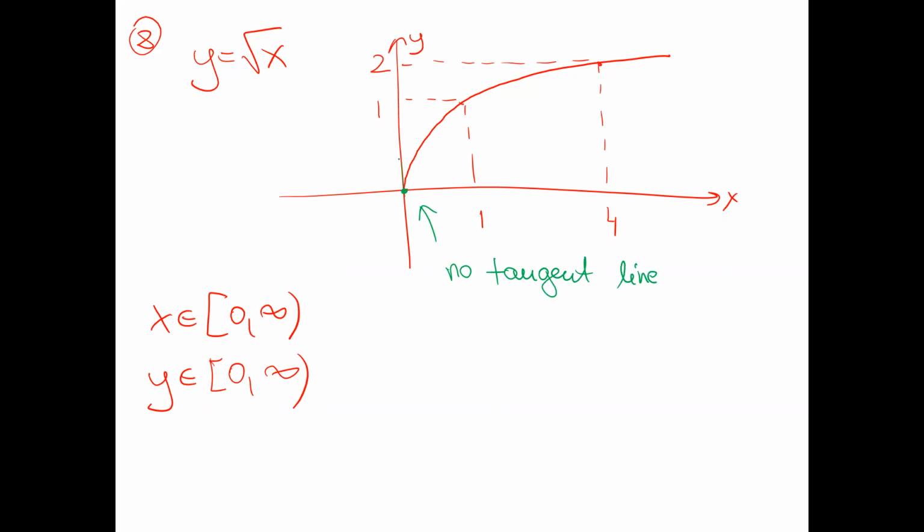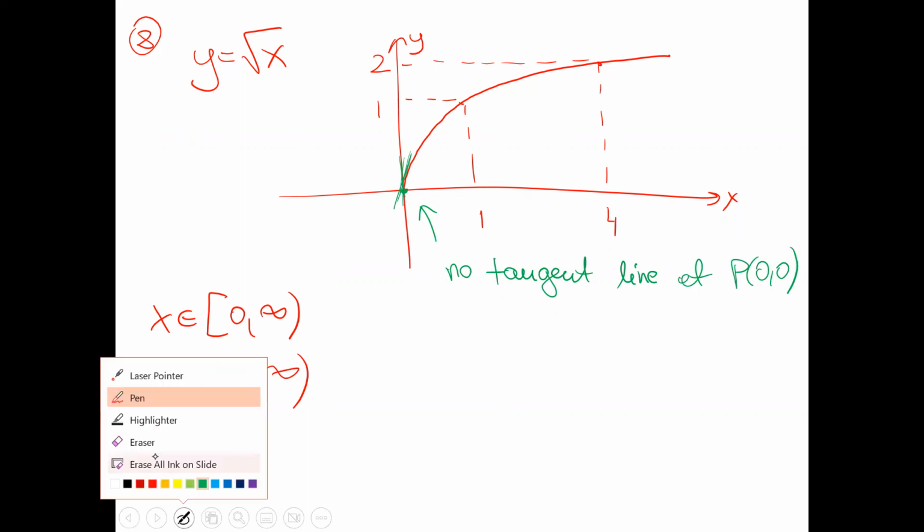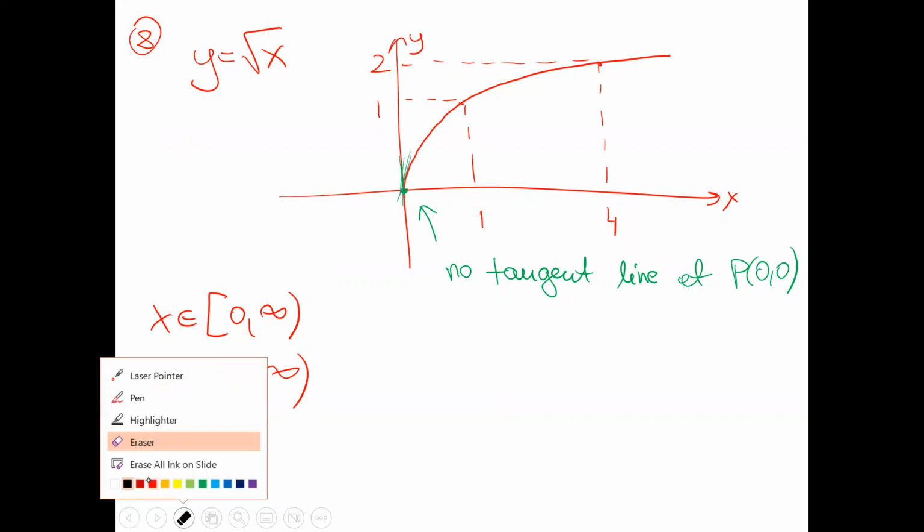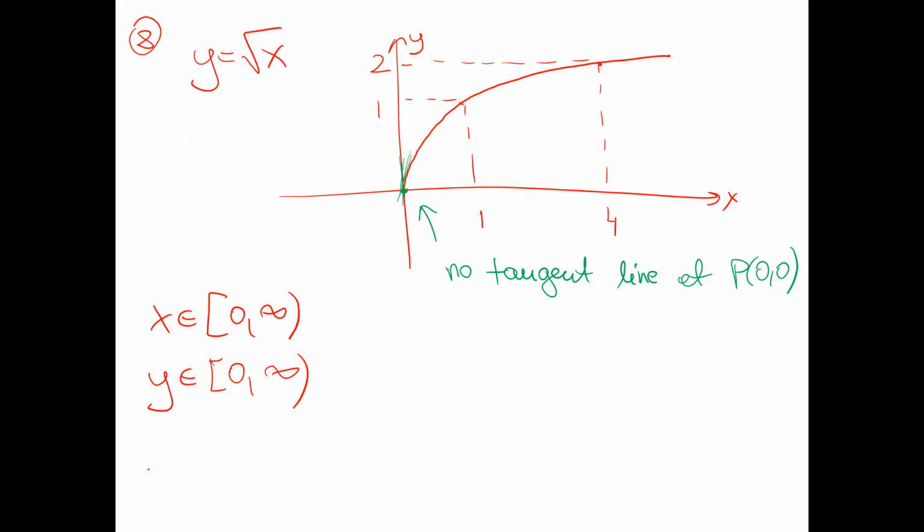Because we don't know, maybe it's vertical, maybe it's not, we will not draw it. No tangent line at the endpoint of this domain, at the point 0, 0. I just don't want to give you the wrong impression. No tangent line, no slope, no instantaneous rate of change.